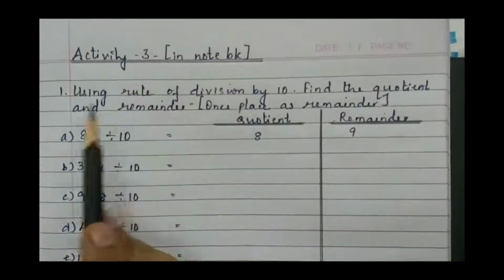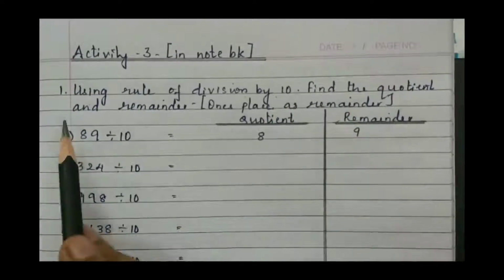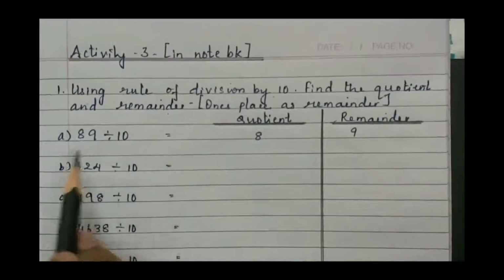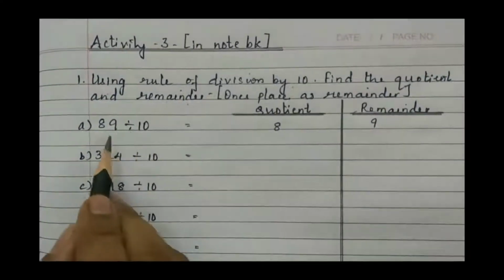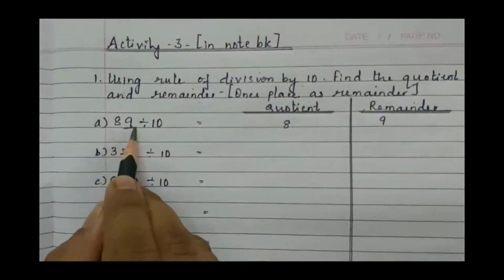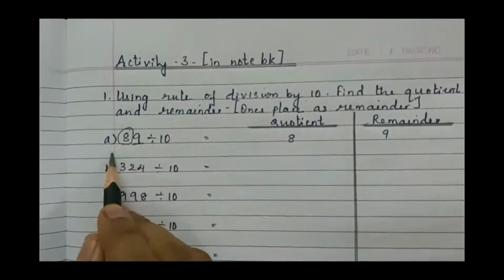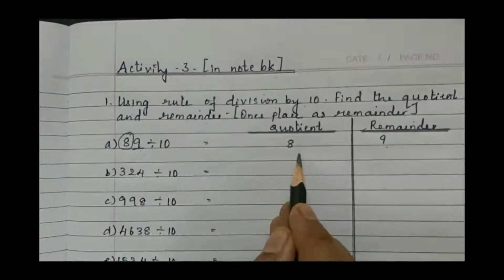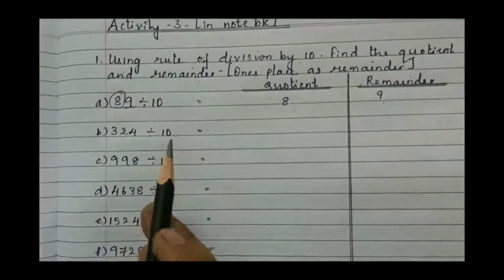Activity 3 in notebook. Using rule of division by 10, find the quotient and remainder directly without division. So 89 divided by 10. So in this, the ones place will become the remainder and the second digit, the tens digit, will become the quotient. 9 as remainder and 8 as quotient. Next one, 324 divided by 10.